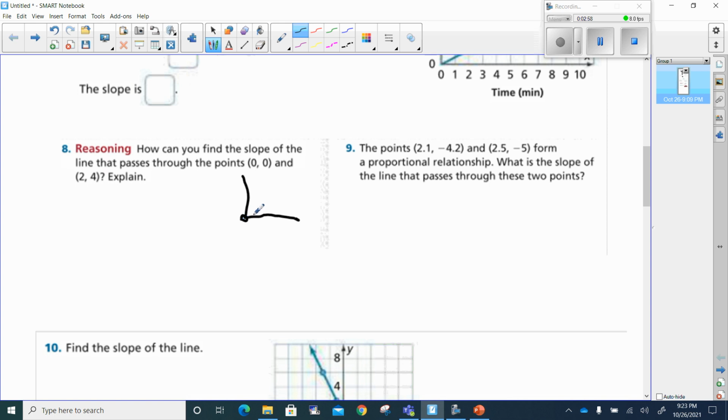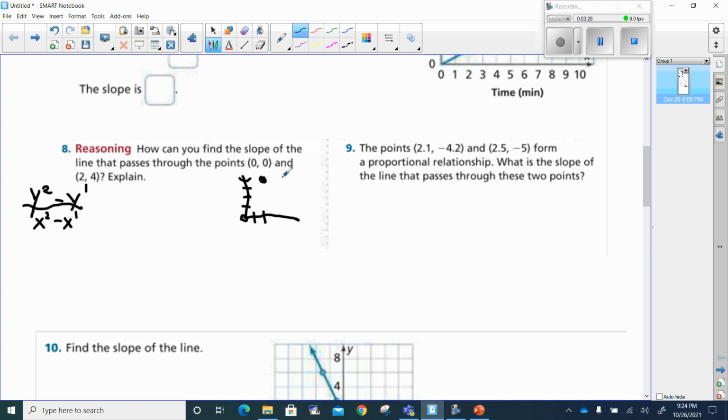The other one goes through 1, 2, and then goes up 1, 2, 3, 4. All right, and now we can go ahead and use these just like we did before. Remember, the formula is y2 minus y1 over x2 minus x1.